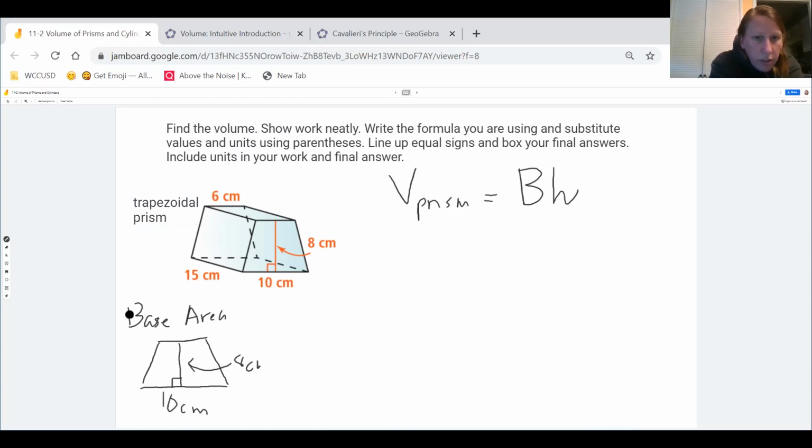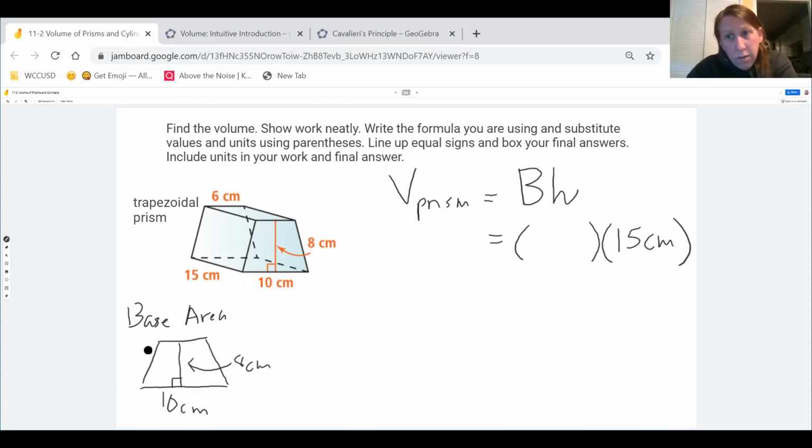Okay, so I'm redrawing the picture, the base separate, because if I can find the area of this, then I'm just going to multiply it by the height of the prism, which is 15 centimeters. Okay, so what's the formula for the area of a trapezoid?